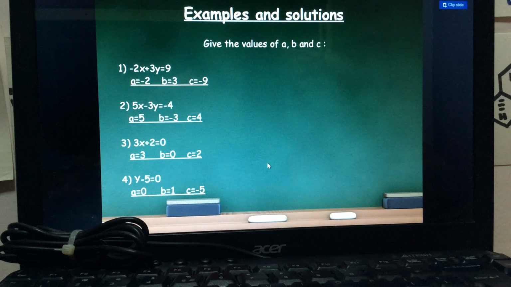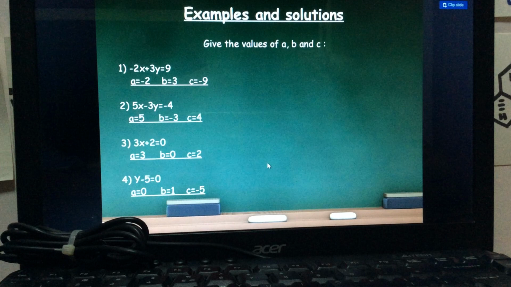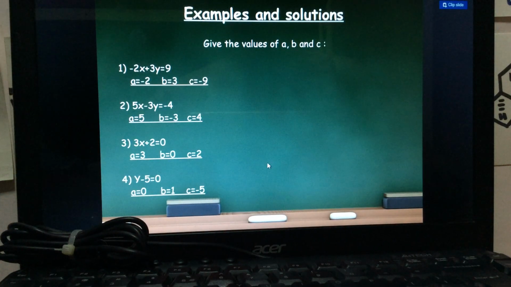So a is equal to 5, b equals negative 3, and c is equal to negative 4. Next, 3x plus 2 equals 0. So a equals 3, then b equals 0, and c equals 2.